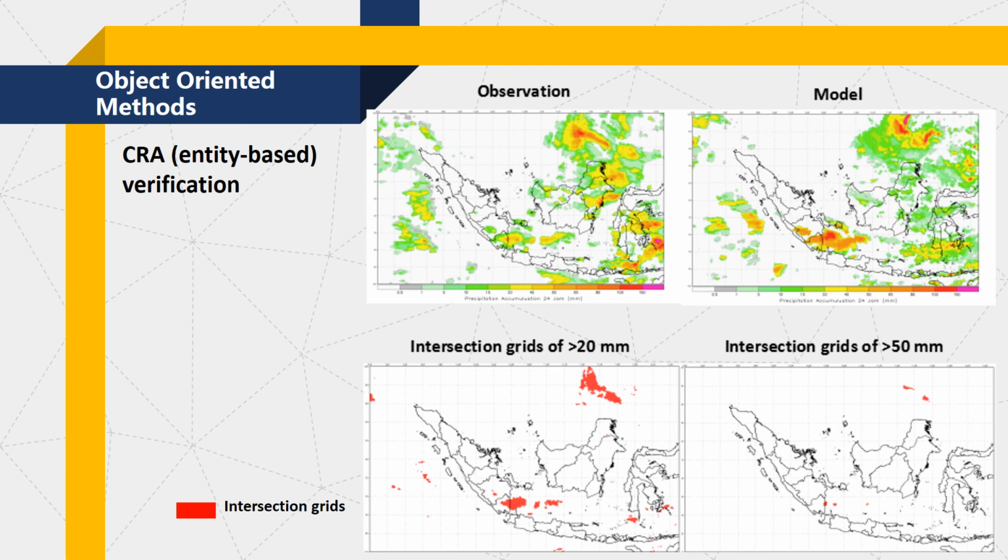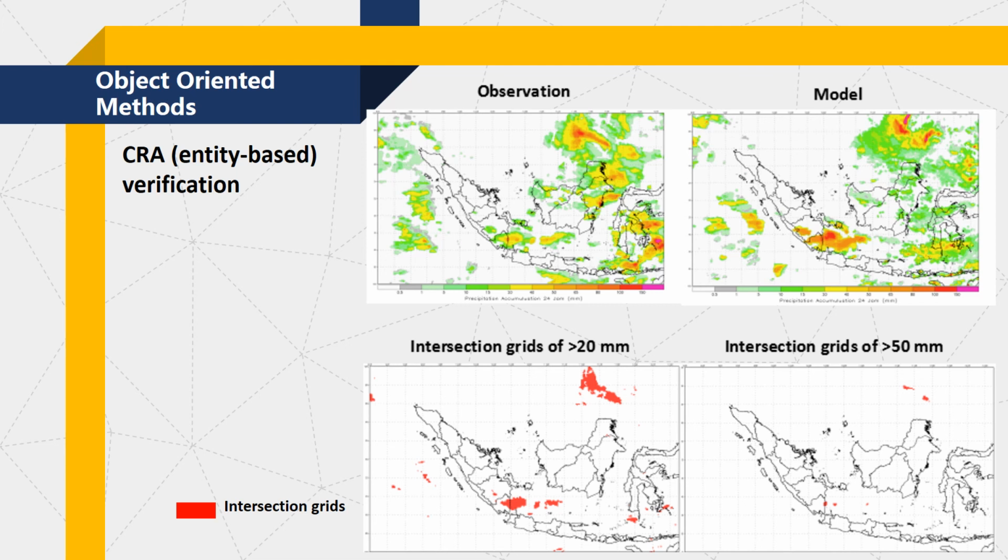The total errors gained from verification can be divided into error based on location component, volume, and the pattern of its entity. This method is important for the NWP model development process.